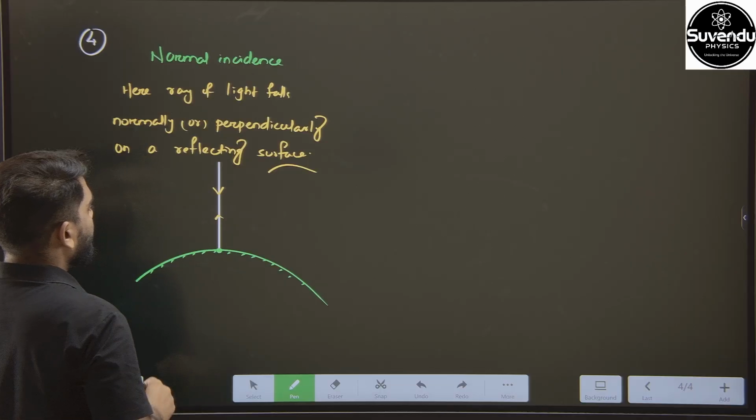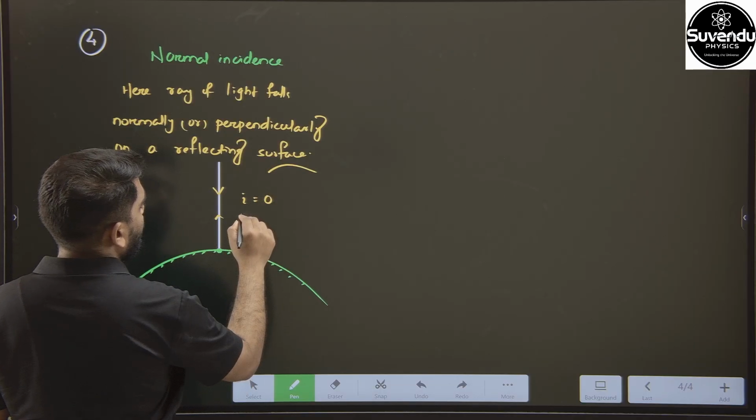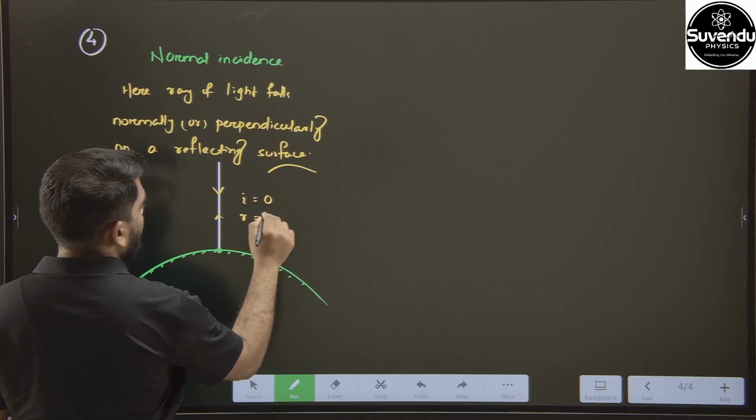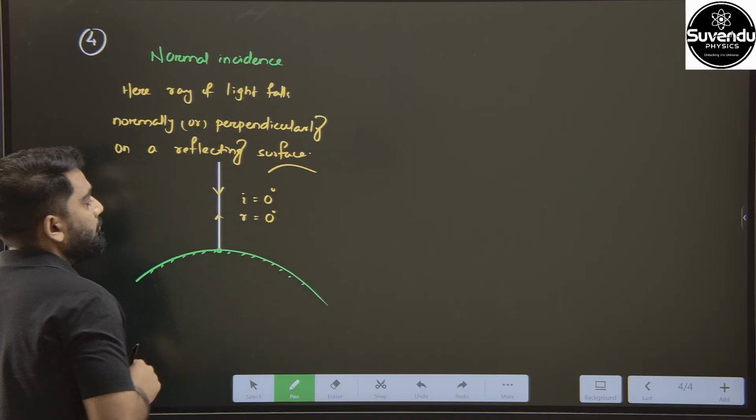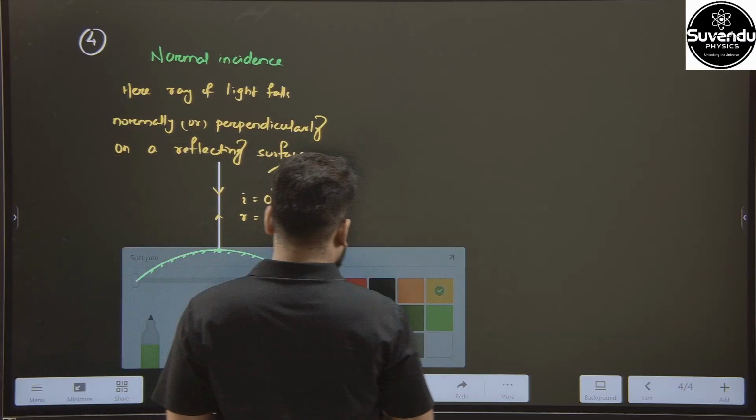So in this case, what is angle of incidence? Angle of incidence is equal to 0. Angle of reflection is equal to also 0 degree. Yes.